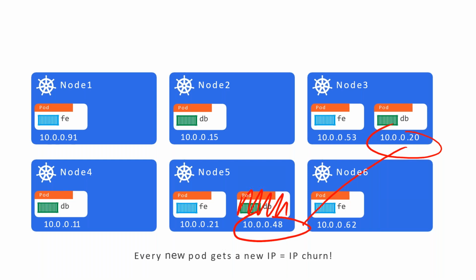Now what is a pod? We have already spent a good amount of time on it. Here we have a pod which has an IP address. Some of the pods are database pods, some are front-end pods. So these are the two types of pods.